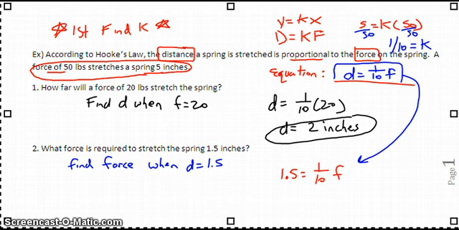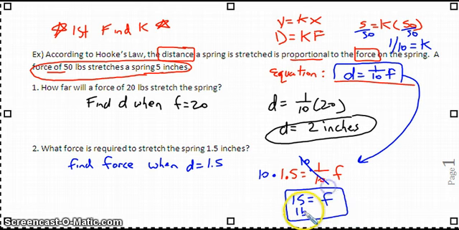So to solve for this, I can divide by 1/10, or I can times by 10, because that's the reciprocal, times this by 10, and I can do that math in my head, so that would be 15, as opposed to dividing by a fraction in my head, a little bit more difficult. So I'd find that my force would be a 15-pound force to stretch the spring. So 15 pounds of force to stretch it 1.5 inches.